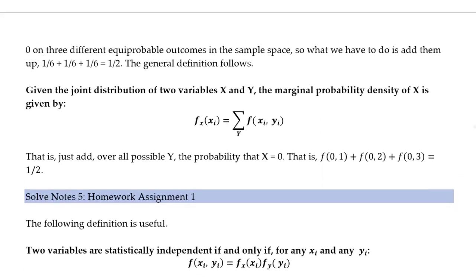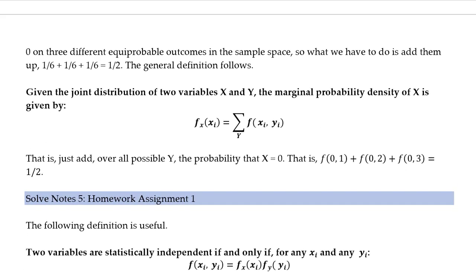Well, here's the formula. Given the joint distribution of two variables x and y, the marginal distribution f_x of x_i is the summation across y where x_i is fixed and y is varying. Okay, that sounds complicated, but it's actually really easy. What do you have here?